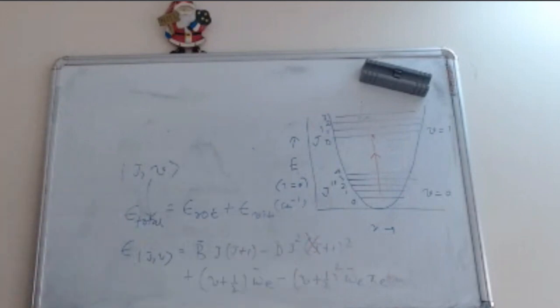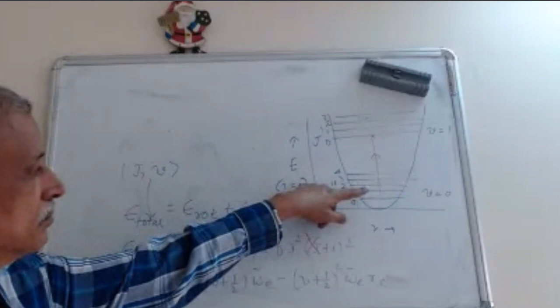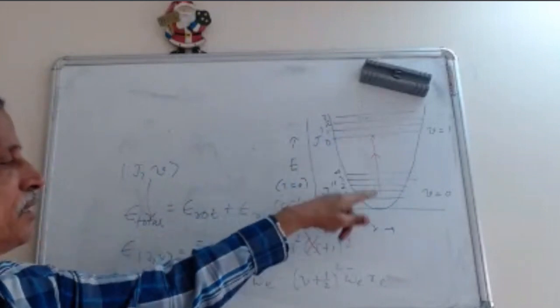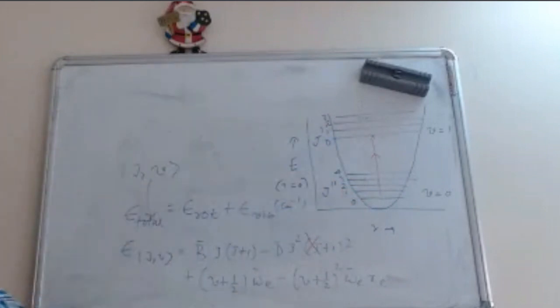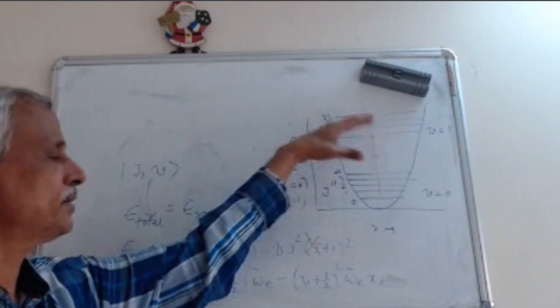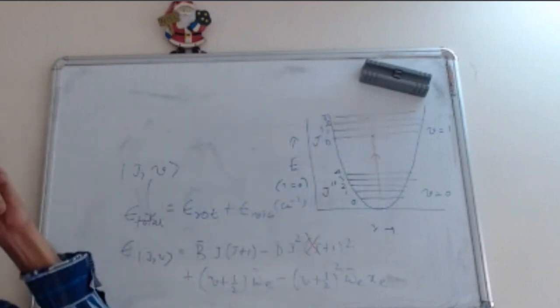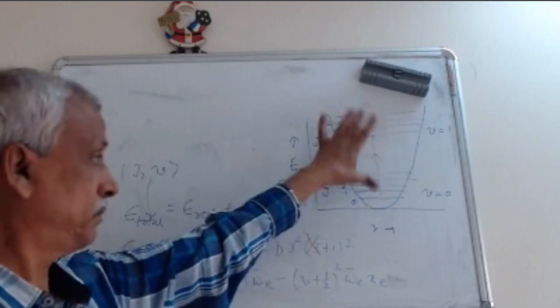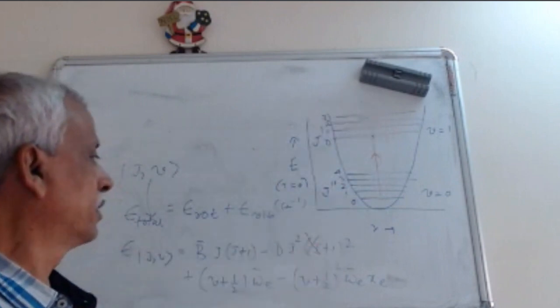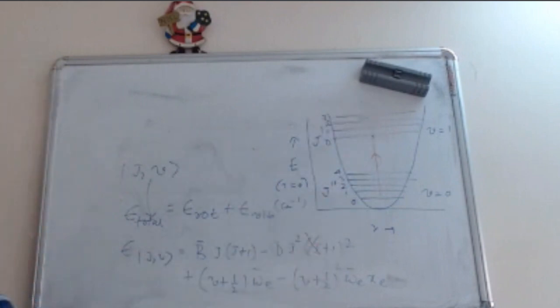We can resolve it only when we talk about this rotational transition, within the same vibrational state, from one rotational state to another. Here also we have one rotational state to another, but that is coming because of the vibrational transition, and that energy gap is much larger, where you cannot resolve this tiny difference.